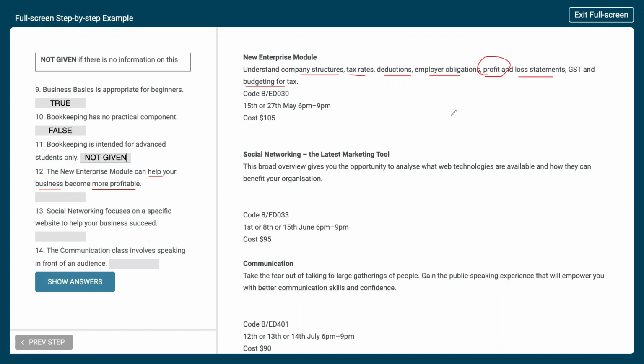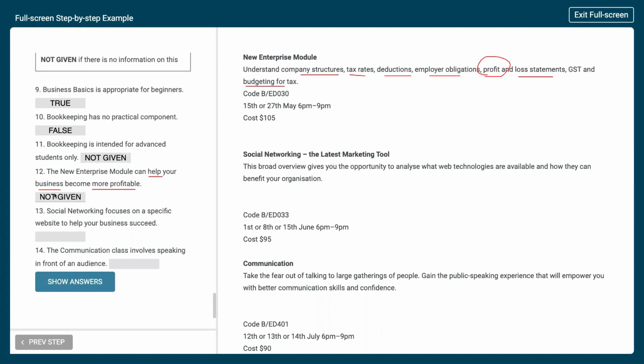This is an adjective. Profit and loss statements, here it is a type of statement, but it doesn't mean that it's going to make your business profitable. It doesn't contradict this information, so it doesn't say that it's not going to make your business profitable, but it doesn't confirm it either. And so this is another example of not given, okay?